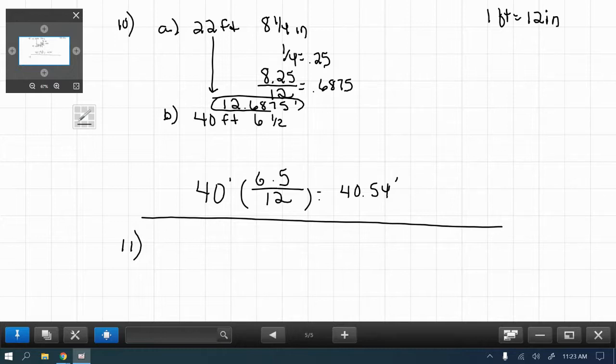11. Compute the area of a rectangular lot in acres. So I want acres.